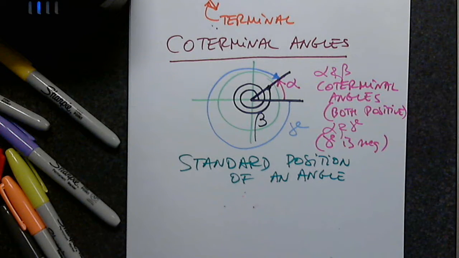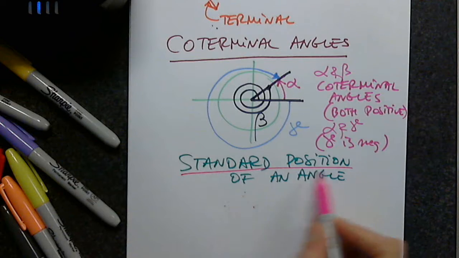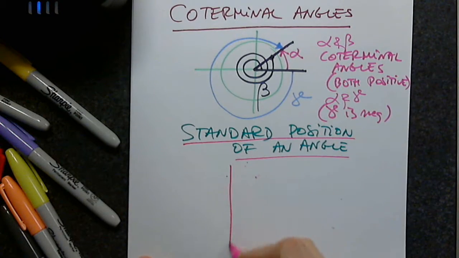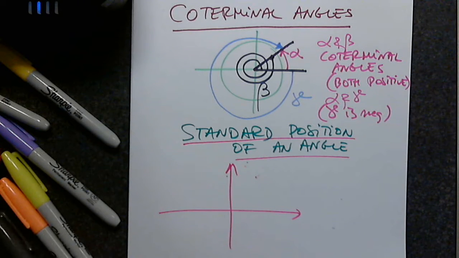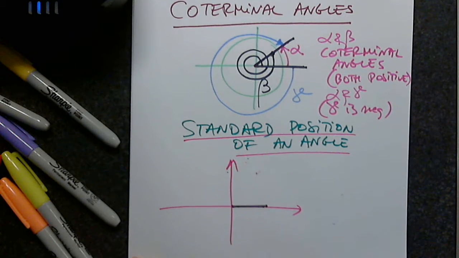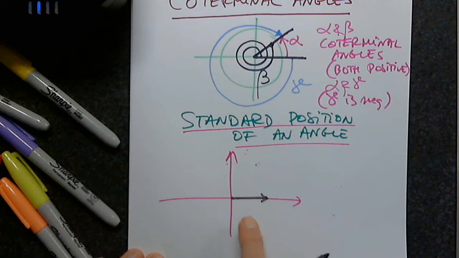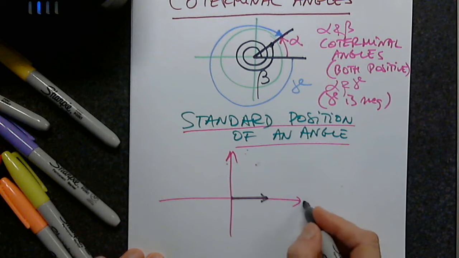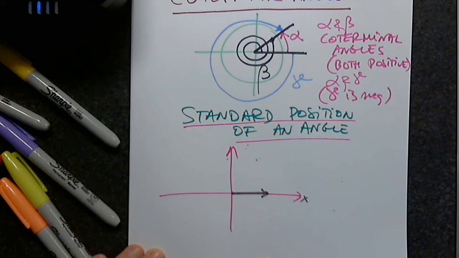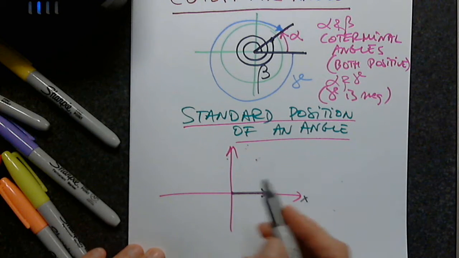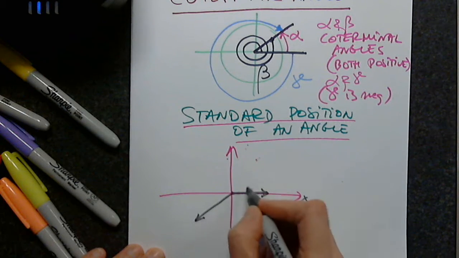They share both. Good. Standard position of an angle is always going to start on the x-axis. So an angle in the standard position starts on the x-axis and ends anywhere you want. Let's say this one will end in the third quadrant.